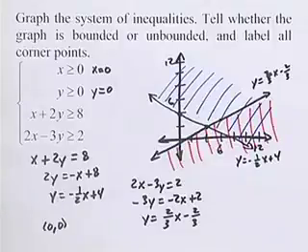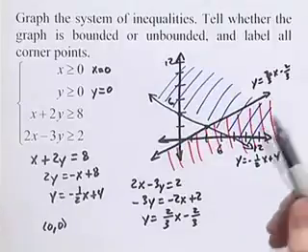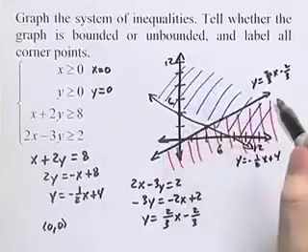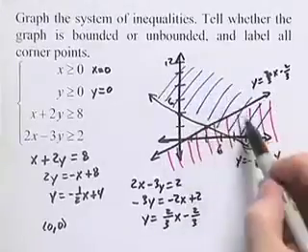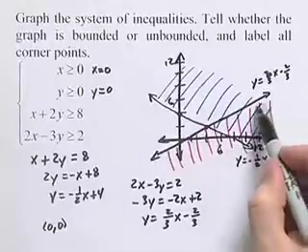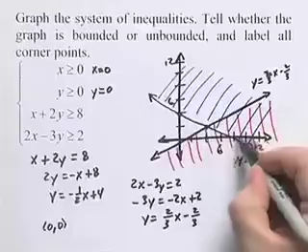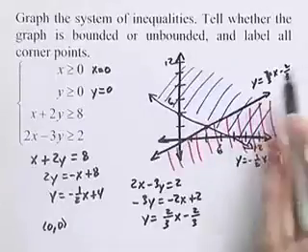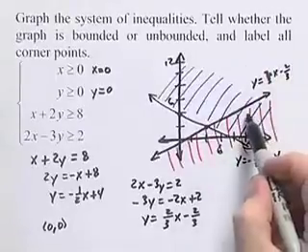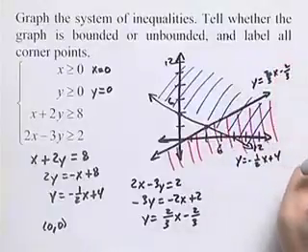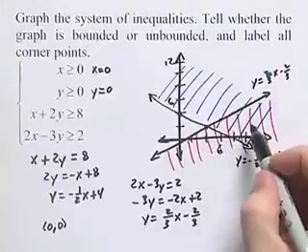Now, the solution to the system of inequalities is going to be where the overlap is in our shaded areas. Remember, we're focusing in on quadrant 1, and we're looking for the overlap of these two remaining shaded areas. So we can see that our solution set will be in this region right here, and these graphs continue on forever. So the graph will keep going out this way, the overlap region will continue to extend that way, and so this graph is unbounded.